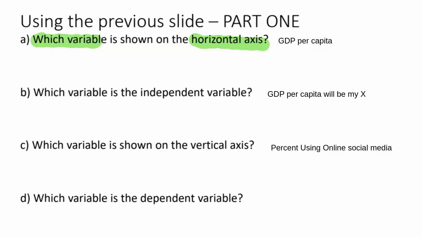That's my vertical, or the third column in my table on the last slide. And again, which variable is the dependent variable? Well, percent using online social media will be Y.